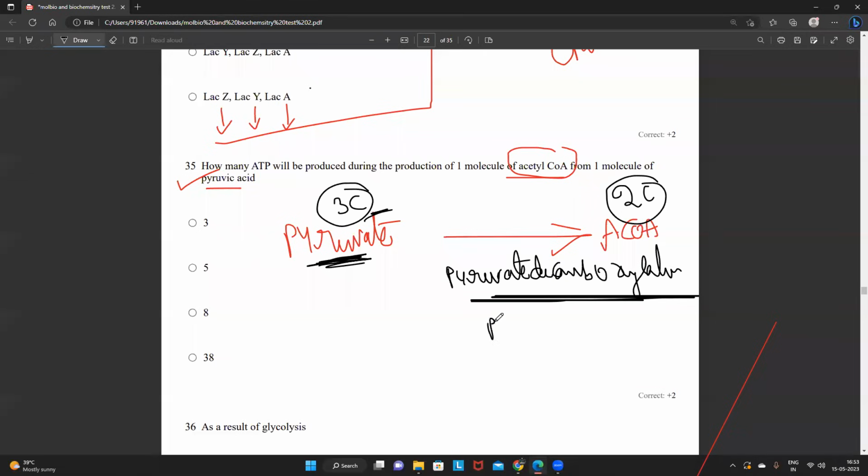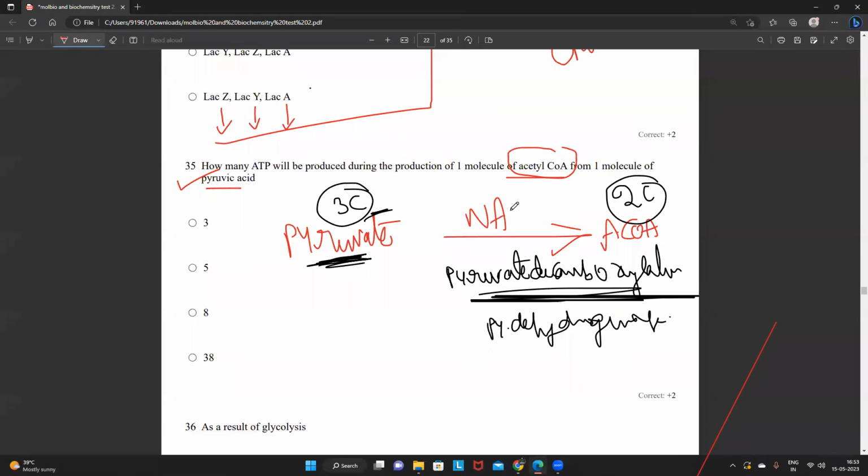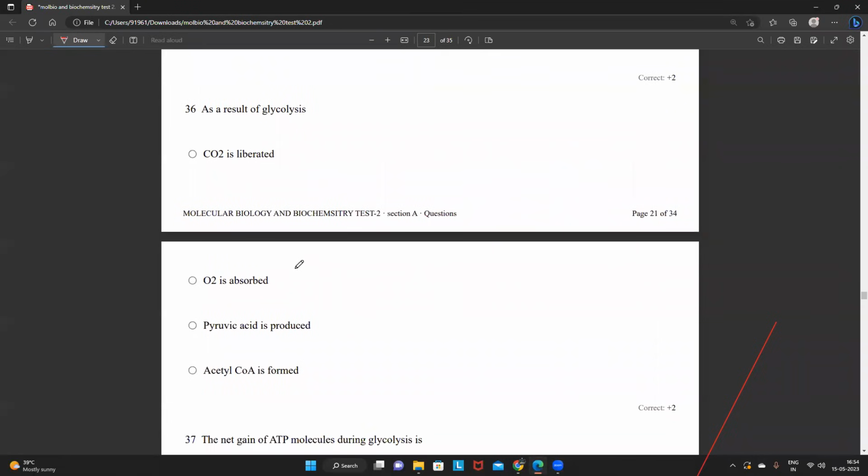The enzyme involved is pyruvate dehydrogenase. The reaction is pyruvate decarboxylation, and I told you very clearly, it is a reaction where there is production of one NADH molecule. So one NADH molecule gives rise to how many ATP? 3 ATP. Correct? Good. Hence the correct answer is 3.